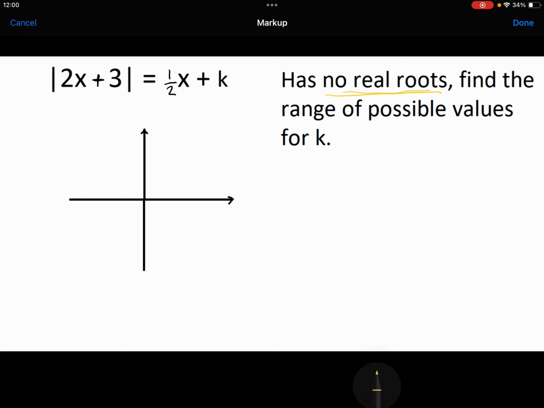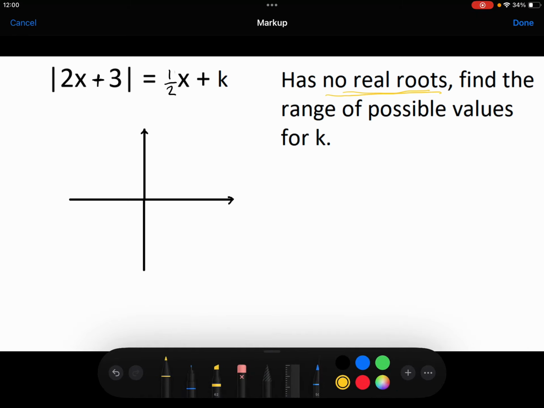So as always with these questions, we want to draw a little sketch so we can picture what's going on. So I'm first going to draw the 2x plus 3. So it's got a y-intercept of 3. It's got a gradient of 2. So it's going to look something like this. I can work out this point here because that's going to be when y is 0. So that's the point minus 3 over 2.